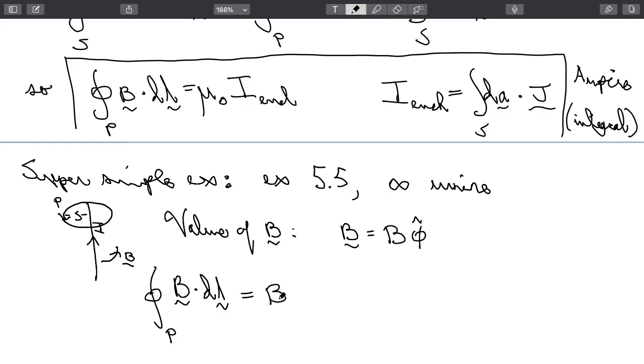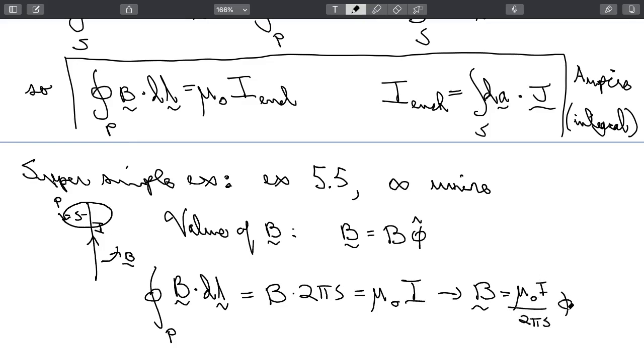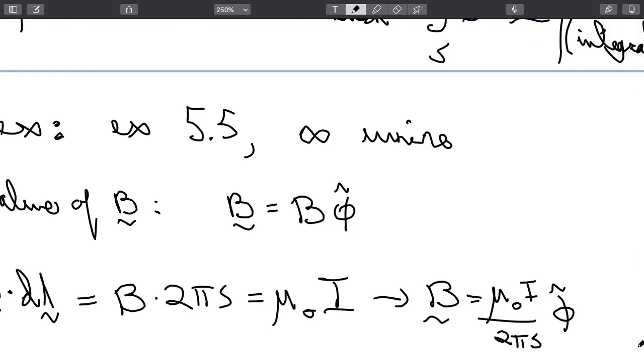This is just the value of B times 2 pi S, and this has to be equal to mu 0 times the enclosed current. The total enclosed current is just I. Therefore my field is just mu 0 I over 2 pi S with the phi hat. And it's as simple as that.